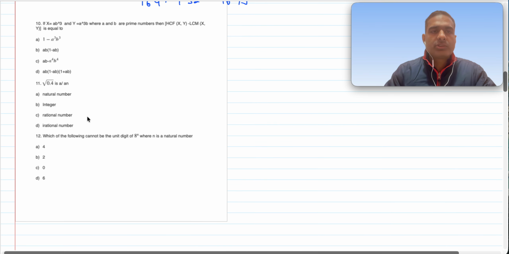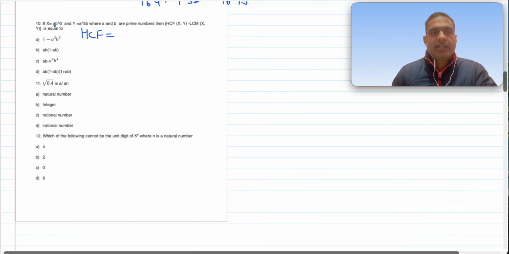Now moving to question number 10. If x is equal to ab cube and y is equal to a cube b, where a and b are prime numbers, then HCF of x, y minus LCM of x, y is equal to. Okay, so we know HCF is the prime numbers present in both the numbers with the least power.